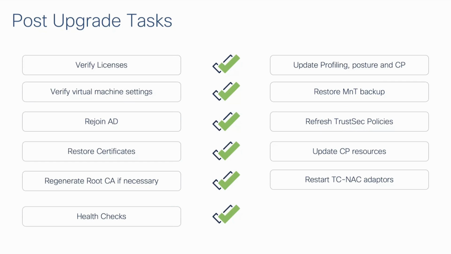Who's going to take care of joining the nodes into the Active Directory? Who's going to verify whether your licenses are intact, whether your smart licensing registration is intact? Those things you're supposed to go through one by one. Hopefully, we're going to see the post-upgrade tasks being taken care of at a later point of time too.